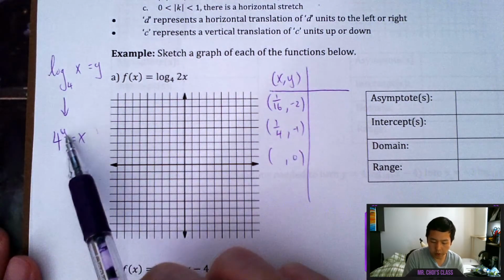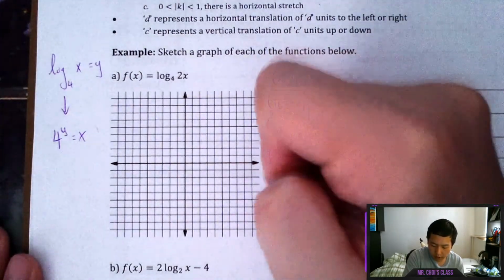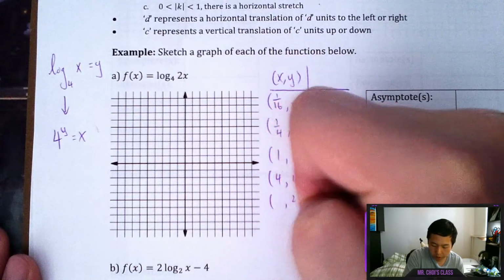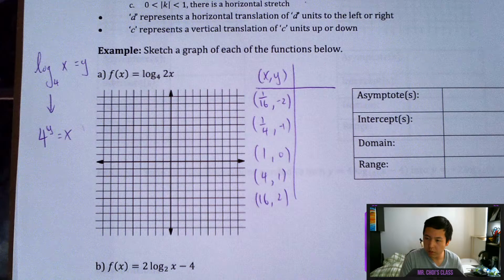If y is 0, then x is 1. Next, if we do 1, then it would be 4, and if we do 2, then it would be 16. Hopefully, so far that makes sense.